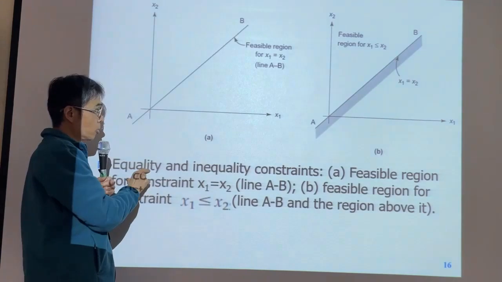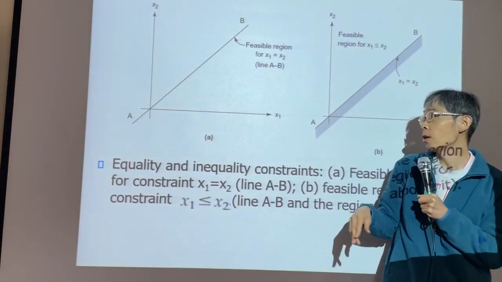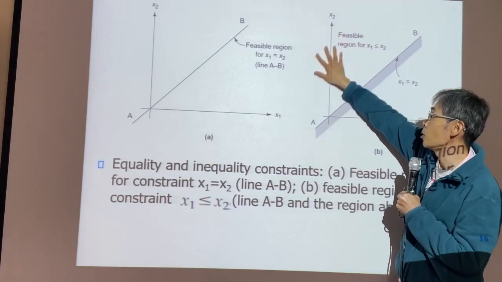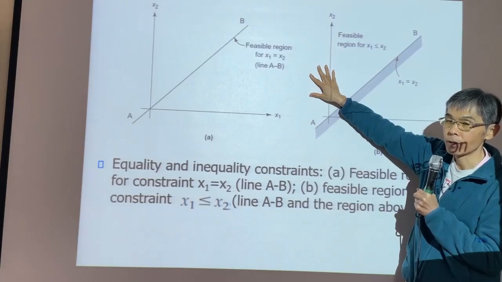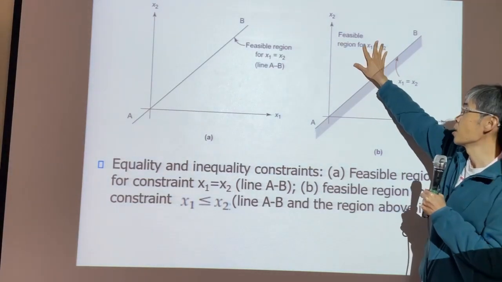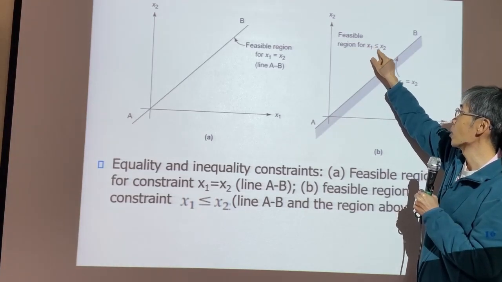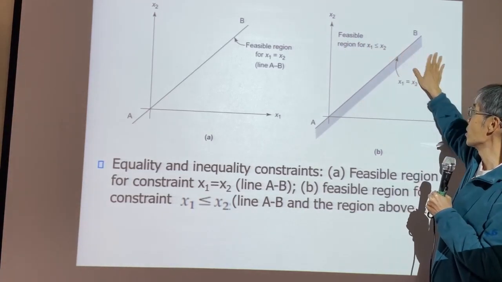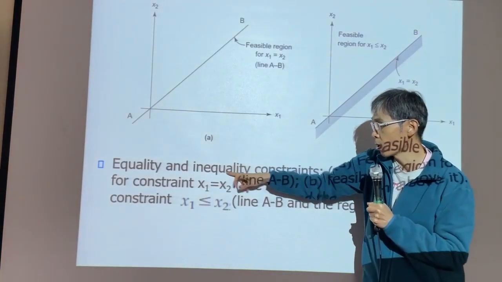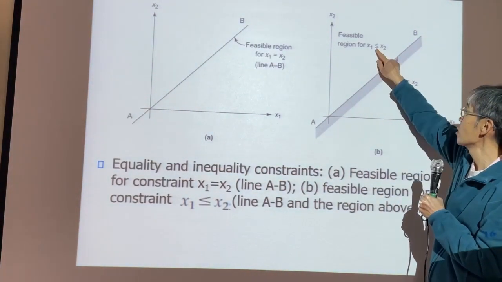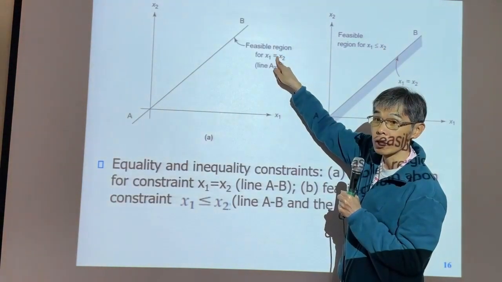But for x1 and x2 in this region, they are all feasible, possible. So this is the feasible region for x1 less than or equal to x2, and here is not feasible. This is an inequality constraint. This is an equality constraint, okay?